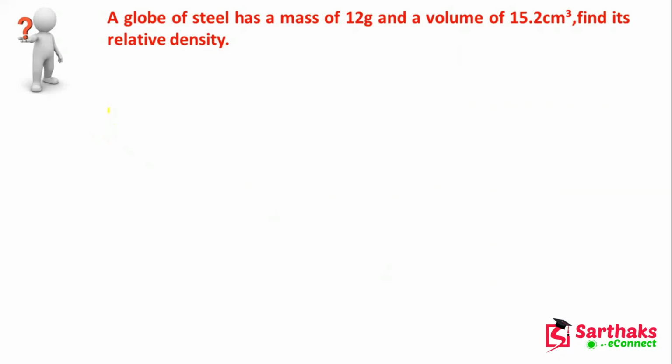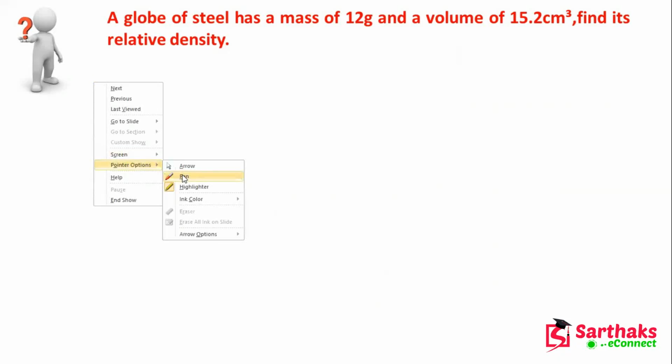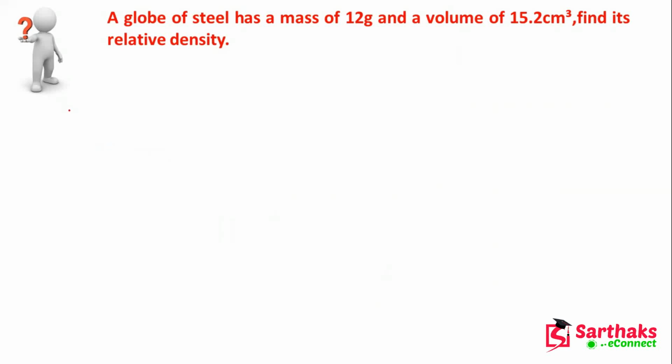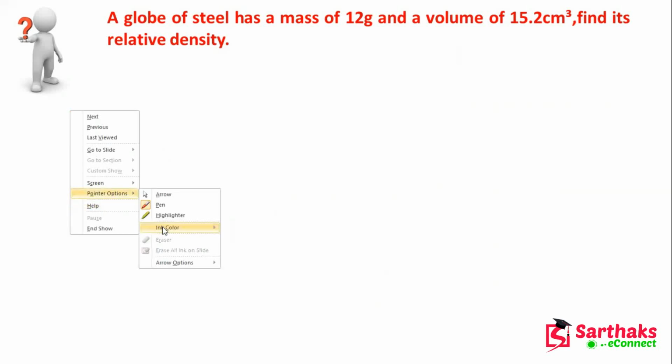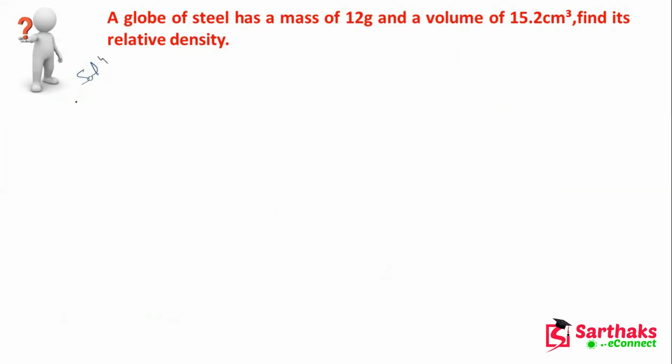Let's solve another numerical here. A globe of steel has a mass of 12 gram and a volume of 15.2 centimeter cube. Find its relative density.